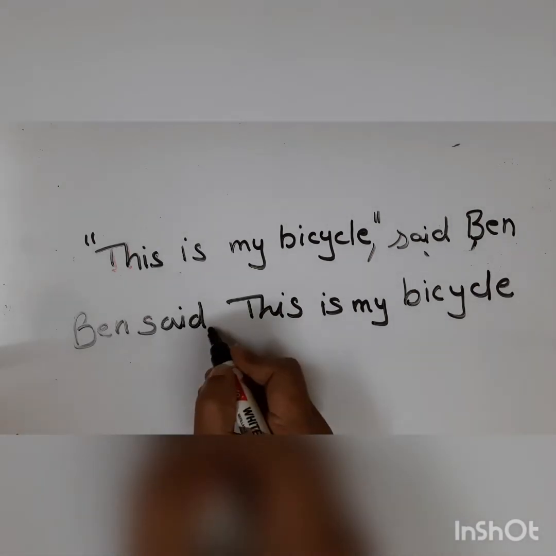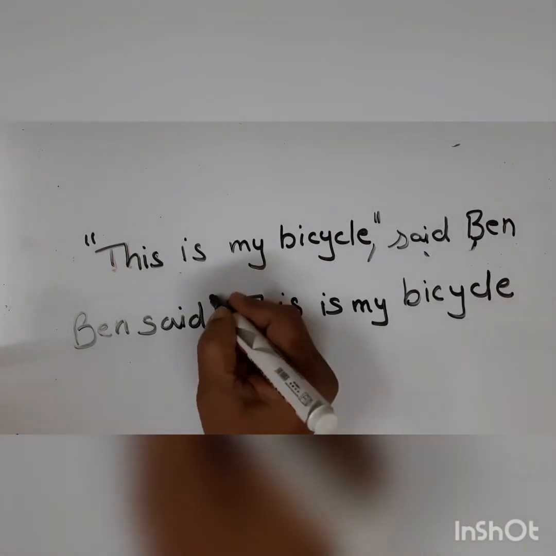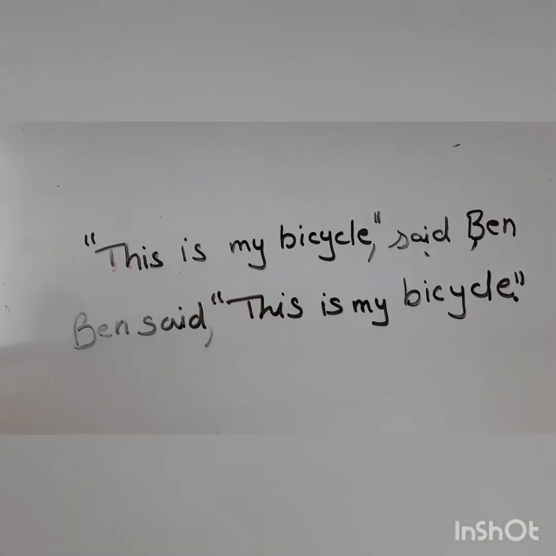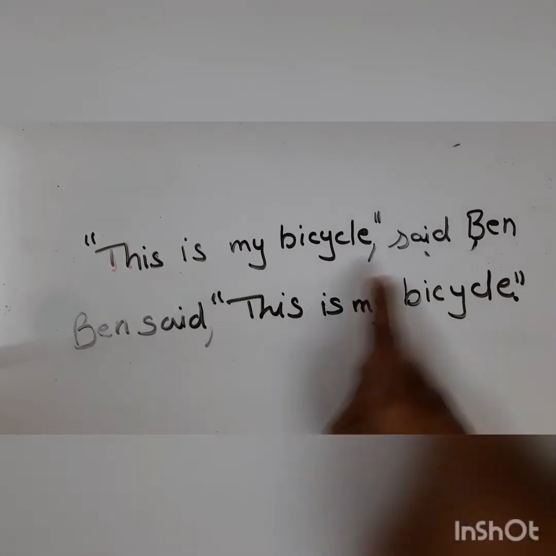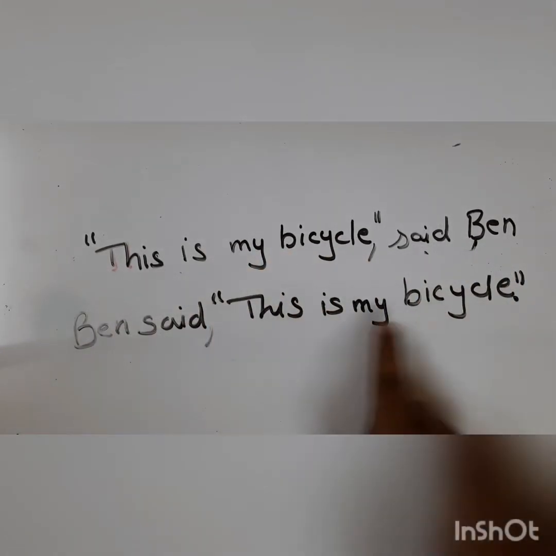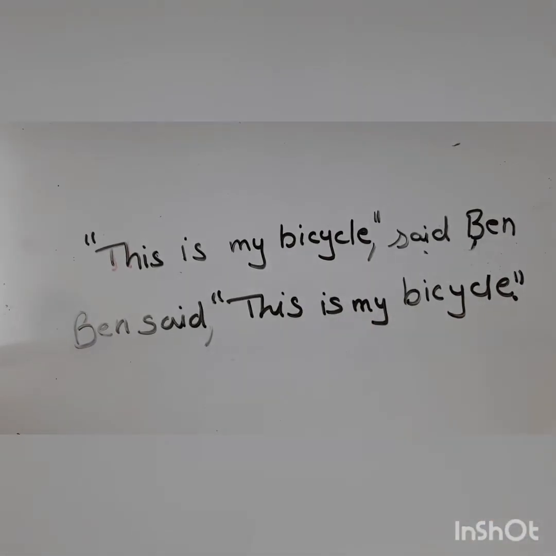Now, your comma will separate here and this will be your speech marks and the full stop here. Right? So children, this is clear, spoken and non-spoken. This is your non-spoken, and inside this, these are your speech marks. That is the actual spoken words.